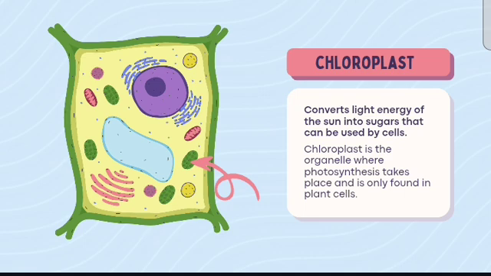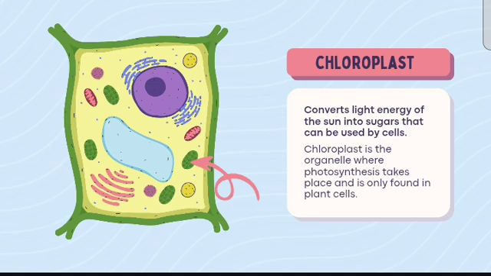So with this we have come to the end of your session. We have discussed all the organelles and their functions: what they are, where they are present, and what they do specifically.